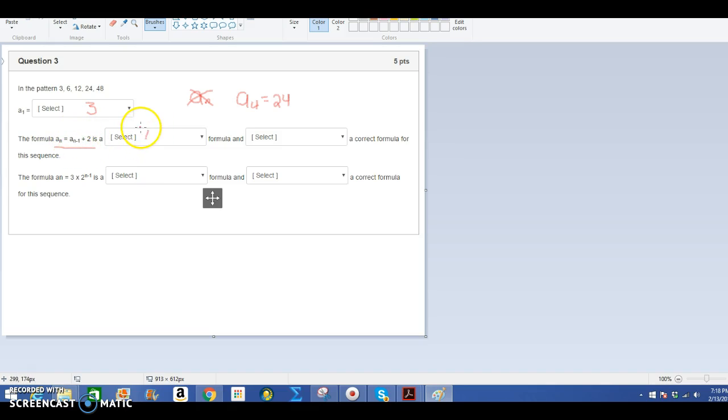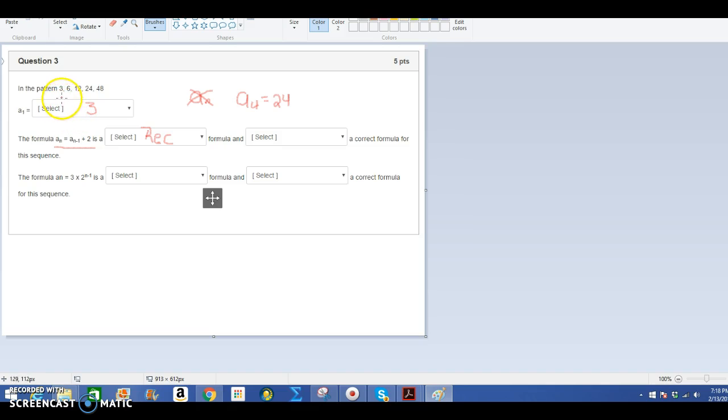So this is a recursive formula, because it says to get the number that we are on, take the number before and add 2. So to make this sequence, keep adding 2 to the previous number.